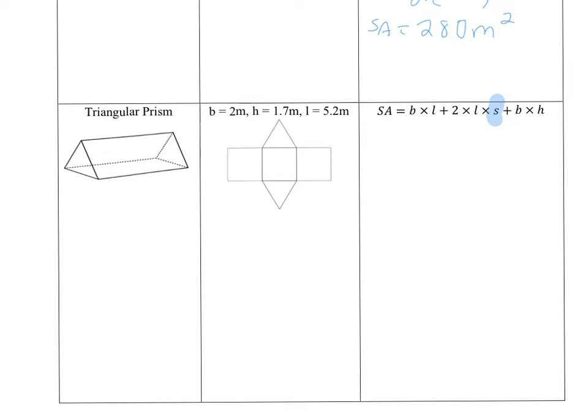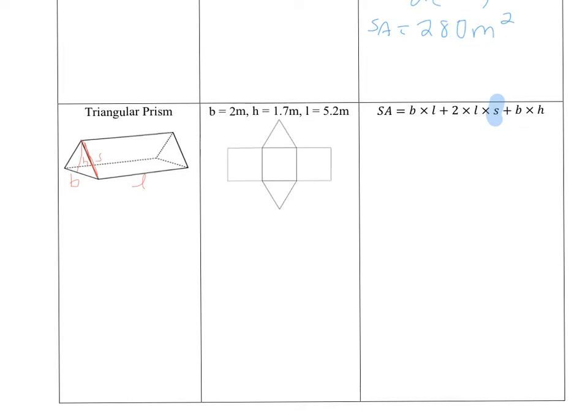So let's look at all our dimensions so we can identify what this looks like. So here we have our B, or our base, right at the bottom of the triangle. Our height is from the tip of the triangle down. And our length is along the edge here. Our slant height actually falls on the slant of the triangle there, so that's called S.